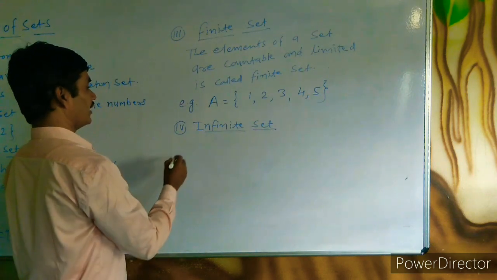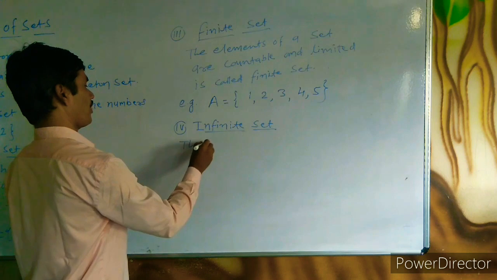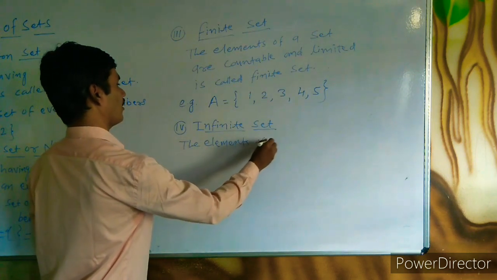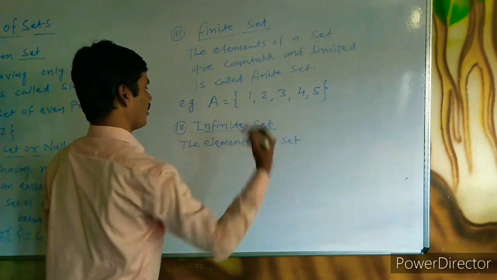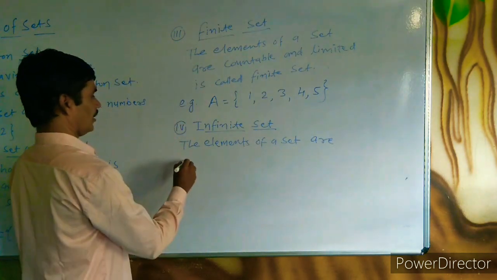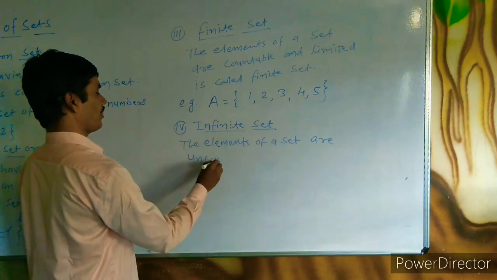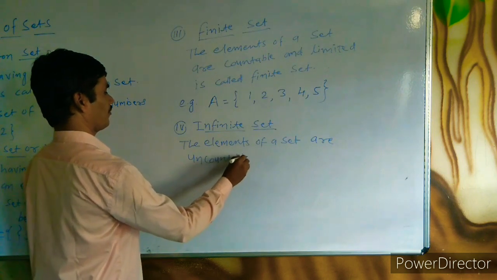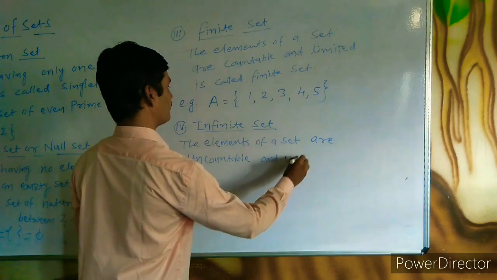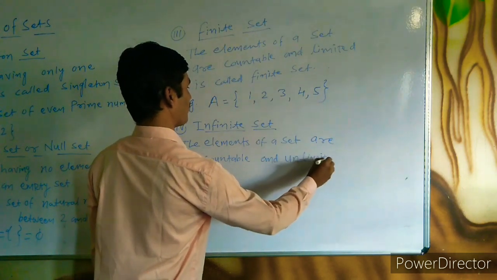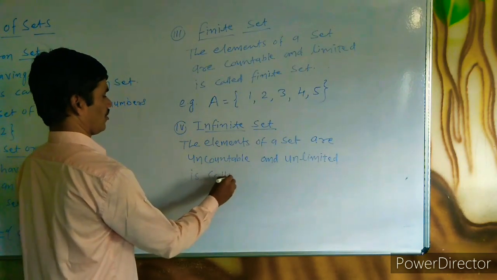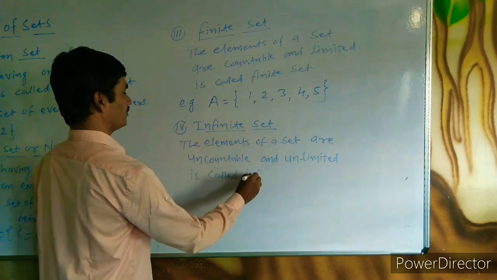The elements of a set unlimited is called infinite set.